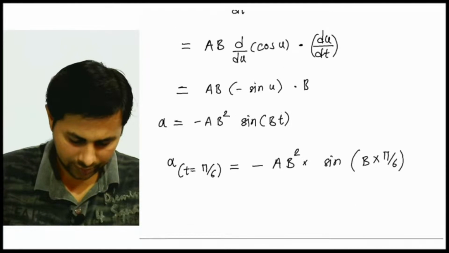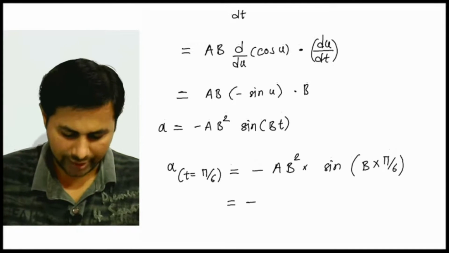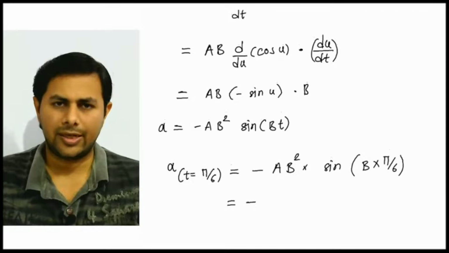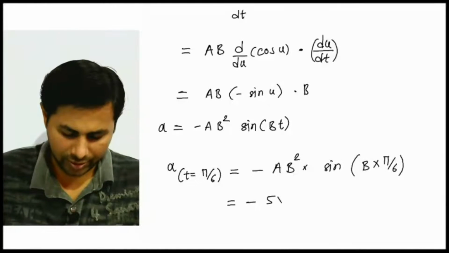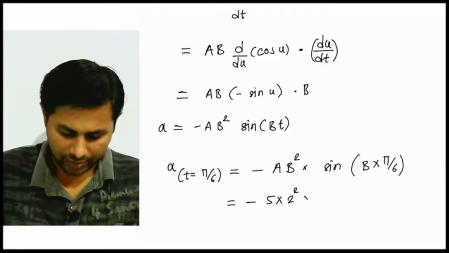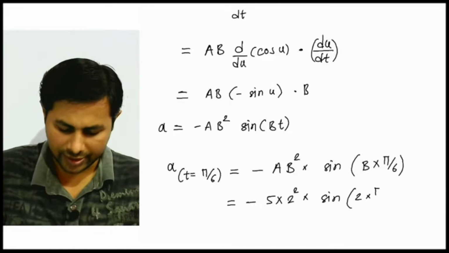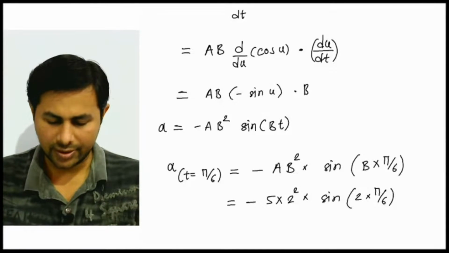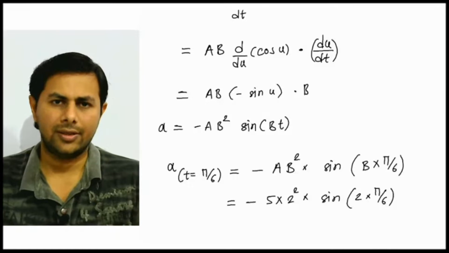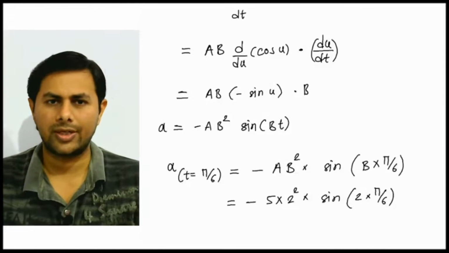that is minus of, A is 5, B is 2. So it is 5 times 2 squared multiplied by sine of 2 times pi by 6. Okay, that is pi by 3, and sine of pi by 3 is sine of 60, and it is equal to square root of 3 divided by 2.